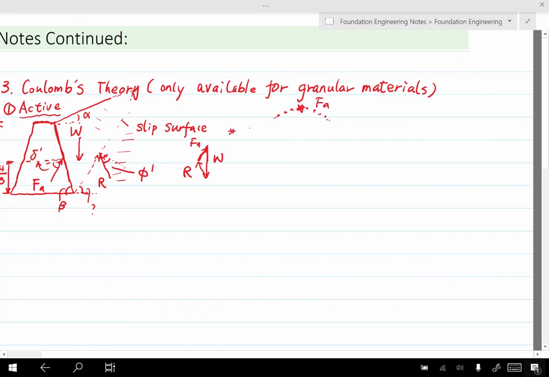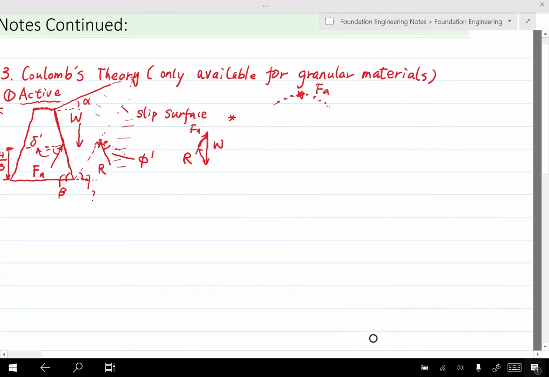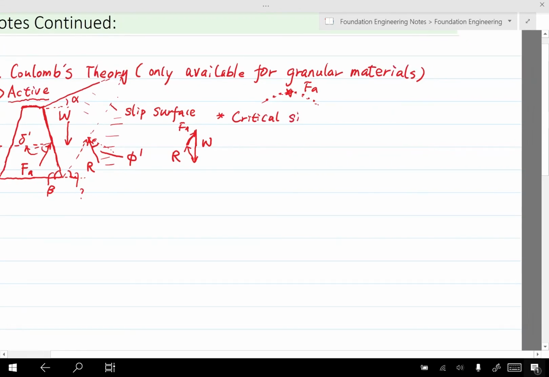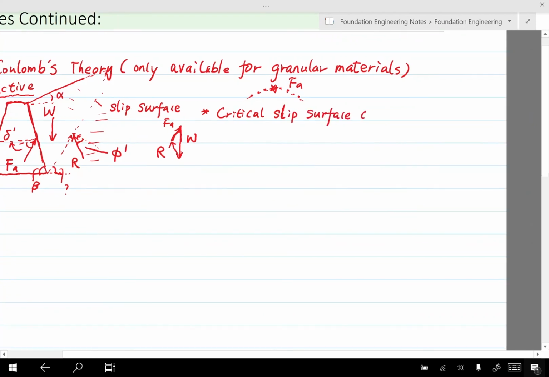That is, while we can have many possible slip surfaces, the critical one, the most possible one, corresponds to the maximum FA.